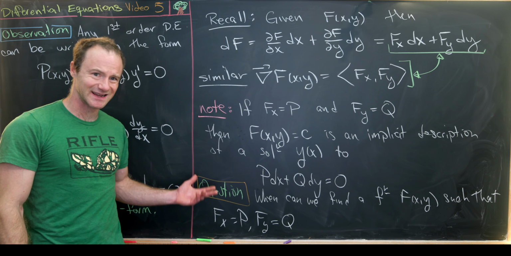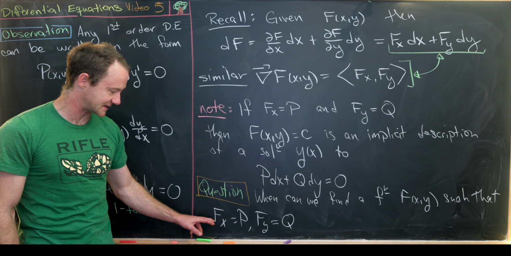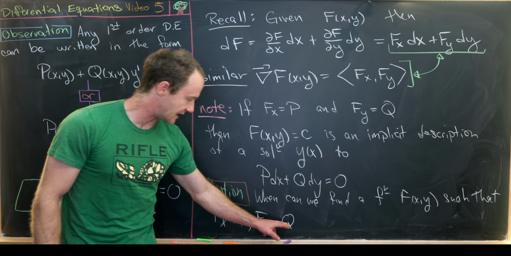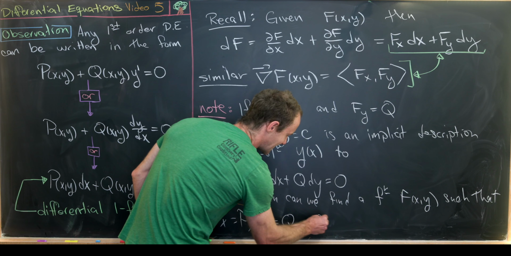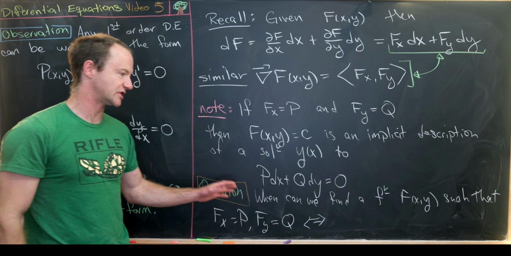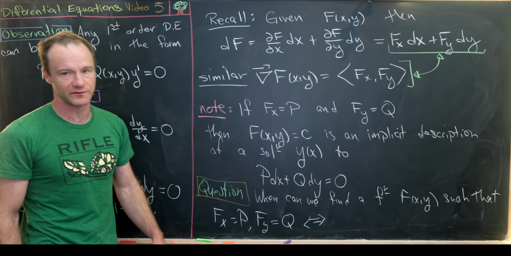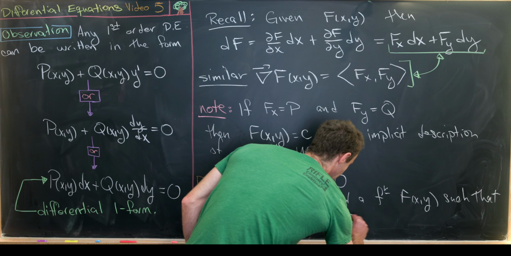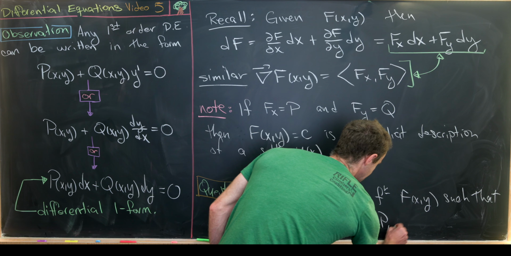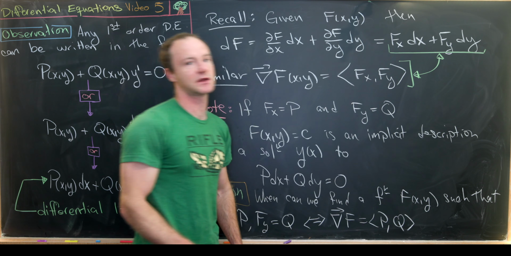In other words, it's like a simultaneous x antiderivative of P and a y antiderivative of Q. But let's notice that that's equivalent to the question: can we find a two-variable function f of x, y such that the gradient of f is equal to this vector field P, Q?